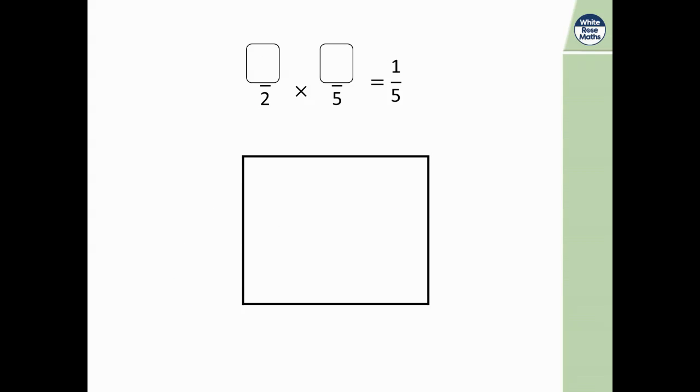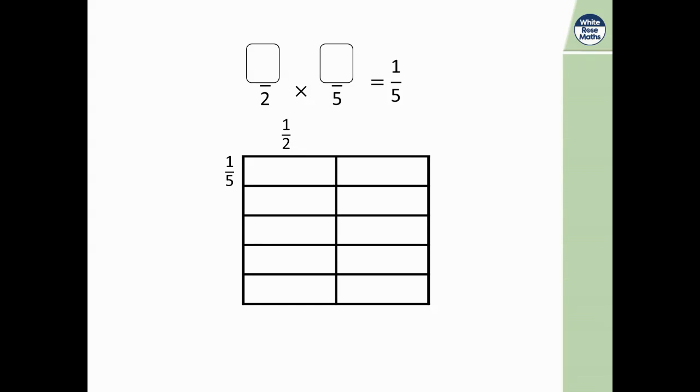So some halves times some fifths equals a fifth. Okay, so let's use our area model to see if we can solve it. Let's split into halves and fifths. If we split into halves and fifths, what should the denominator be?